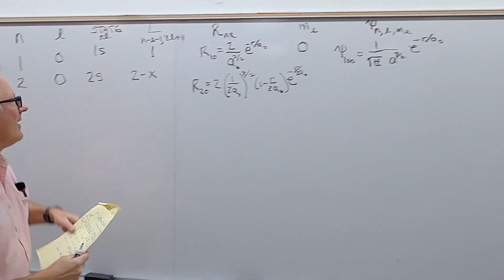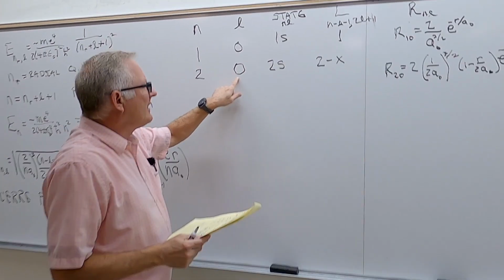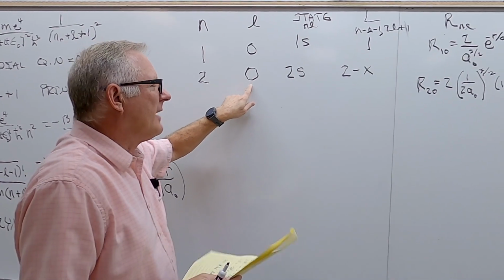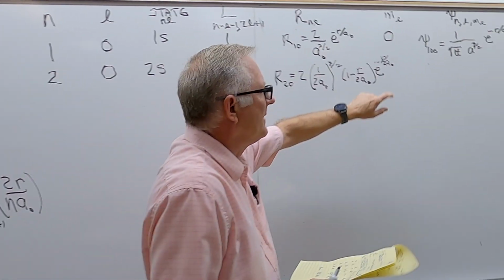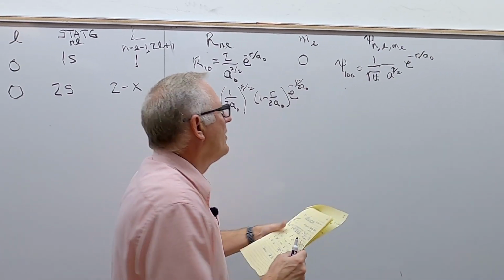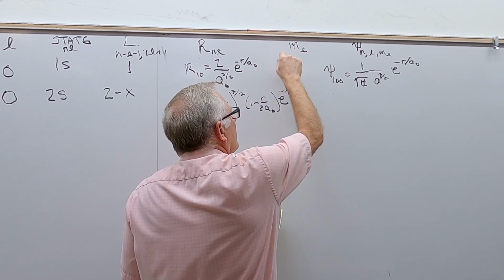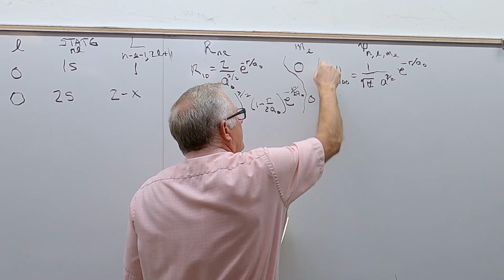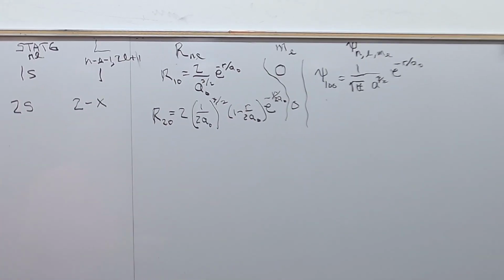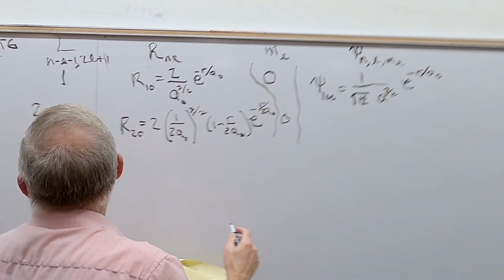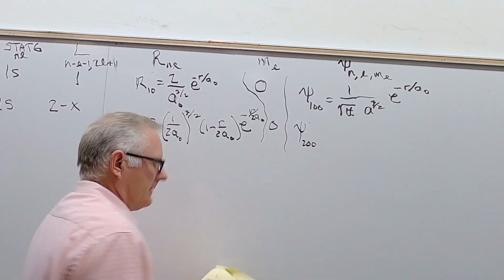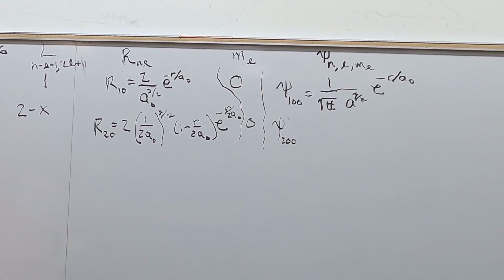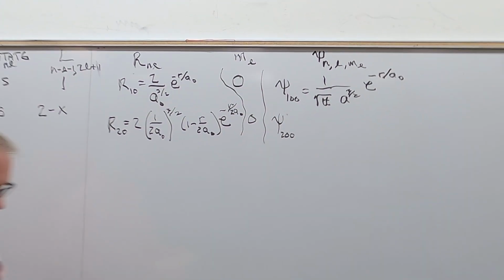M sub l, we're only in the l equals 0 state, so m sub l can only be 0. When we get to the next one, it'll be 3 states, but m sub l can only be 0. And so this is the psi 2, 0, 0 state.